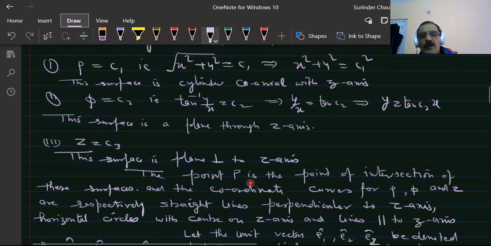The point P is the point of intersection of these three surfaces.